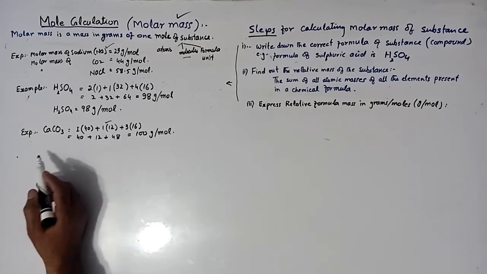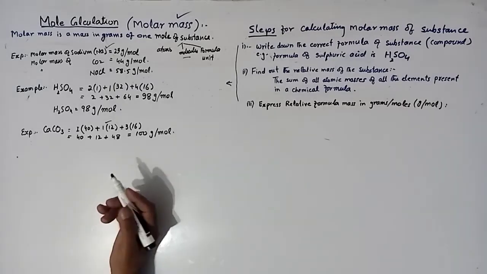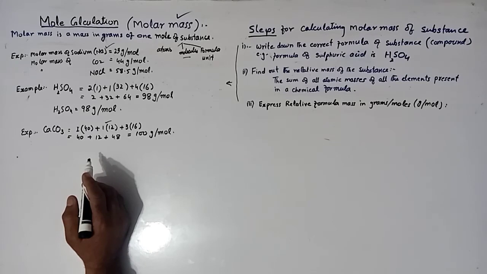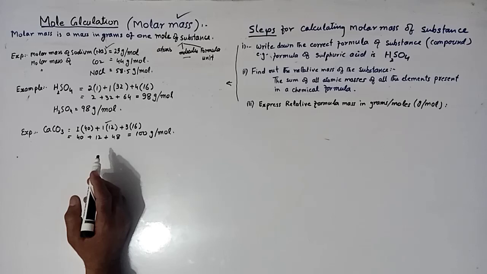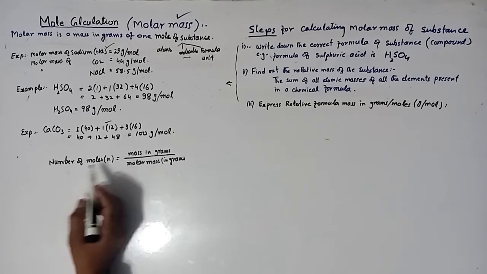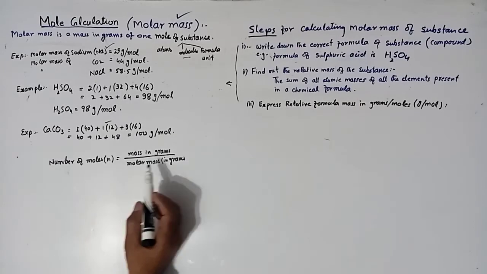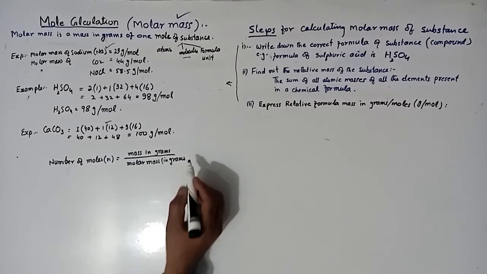In experimental work, chemists work with varying masses. They cannot always use 1 mole of substance. The equation that links the mass of a substance to the number of moles present is, you may say the formula, the number of moles n is equal to mass in grams divided by molar mass in grams per mole.